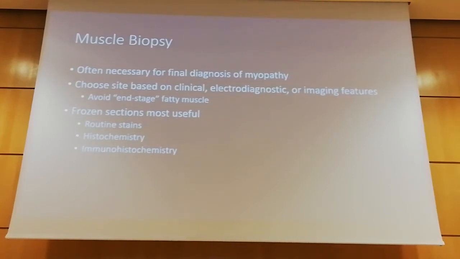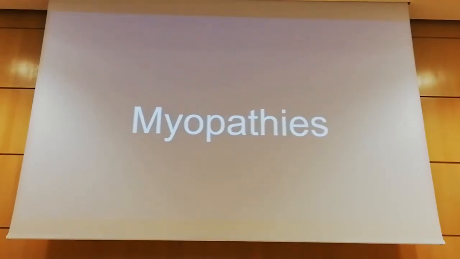So the muscle that you choose has to be a viable, functional muscle that hopefully will give you the diagnosis. What do you do other than microscopic examination? You need to do histochemistry, and you may also do immunohistochemistry, such as for the Duchenne protein, that is going to give you the muscular dystrophy diagnosis.